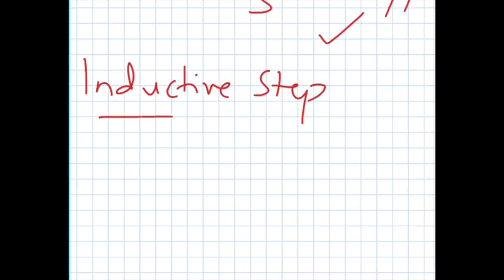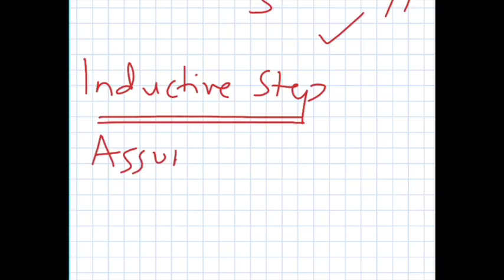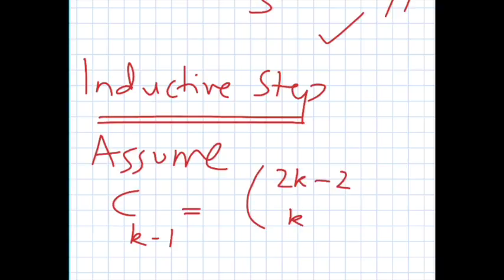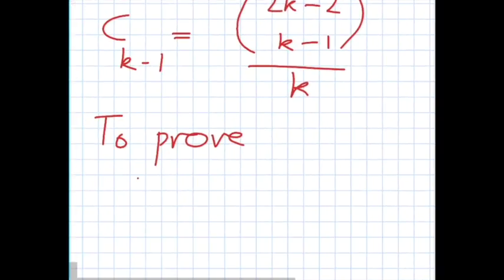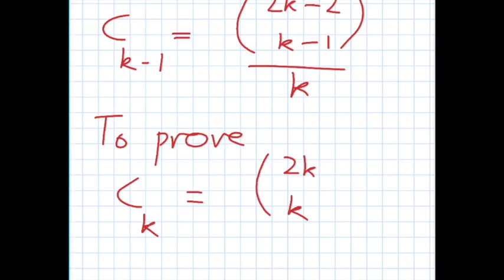In the inductive step, we assume that C(k minus 1) is given by this expression, 2k minus 2 choose k minus 1 over k. And what we want to prove is that Ck is equal to 2k choose k over k plus 1.